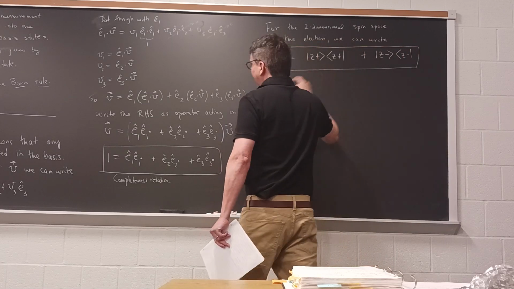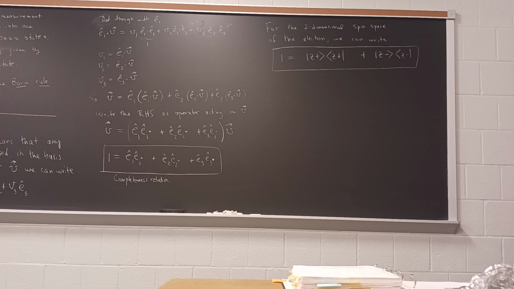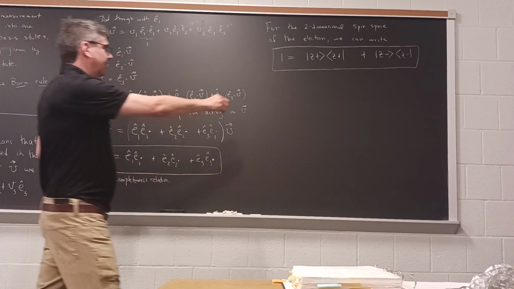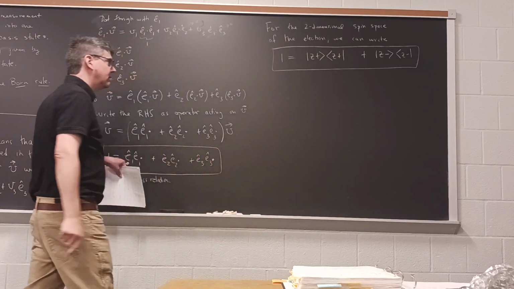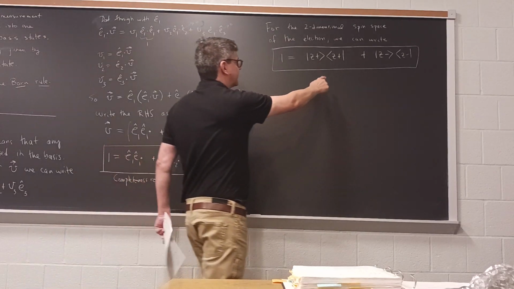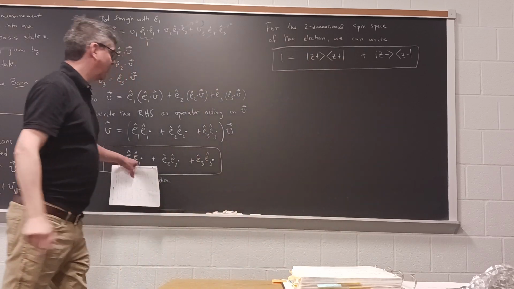So these are our two basis states for the electron, Z plus and Z minus. So what I've done, this ket is like this E1, and Z plus is the ket vector, and that's like the E1 with the open dot here.